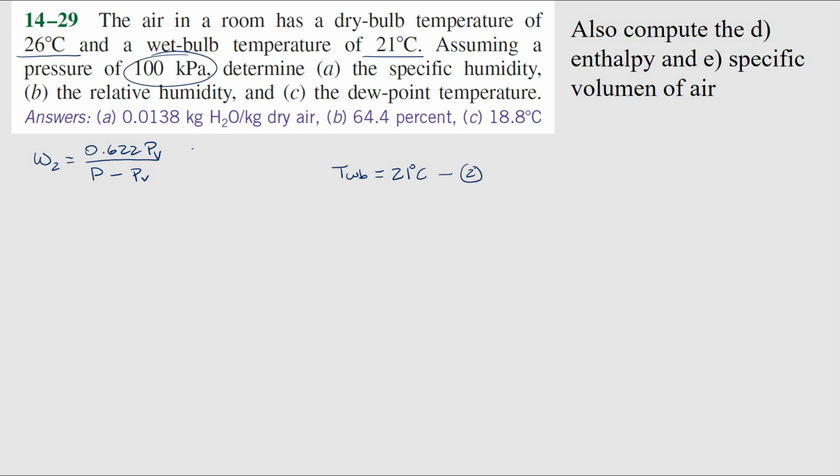Once we have the humidity ratio at the exit, once it is saturated, we can compute omega 1, and here state 1 corresponds to the dry bulb temperature. Remember that this was analyzed in the previous video, where we studied the adiabatic saturator.